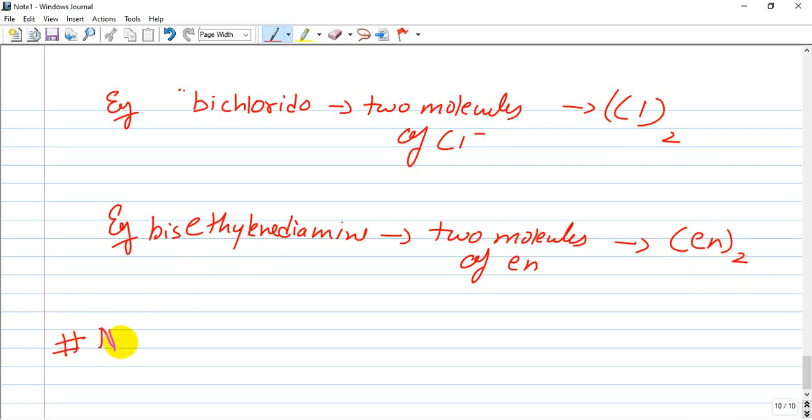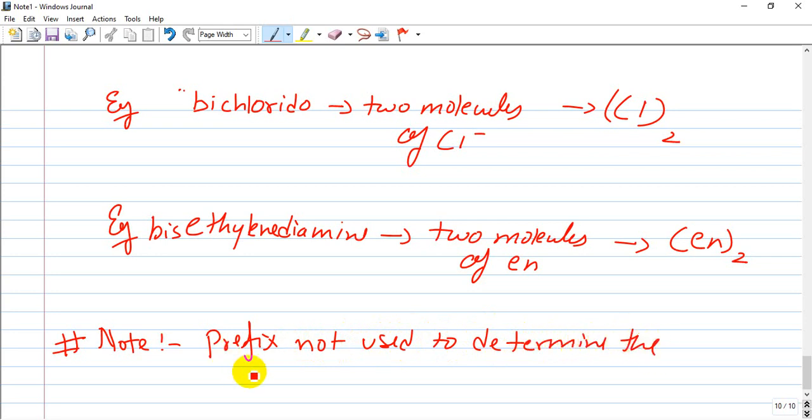I'm just giving you a note that you should keep in mind that prefix is not used to decide the position of the ligand in the coordination sphere.